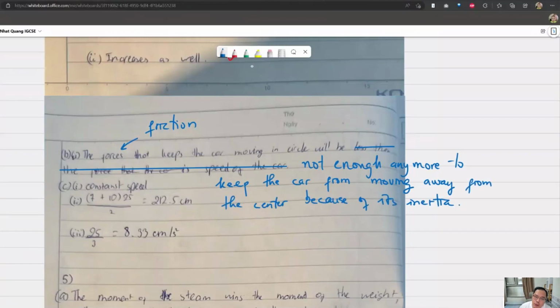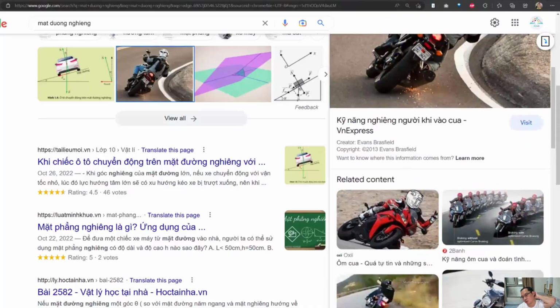The force required to keep the car in circular motion is calculated by mv squared over r, and this force is now greater than the friction. We can see that in some videos about car racing or bike racing.